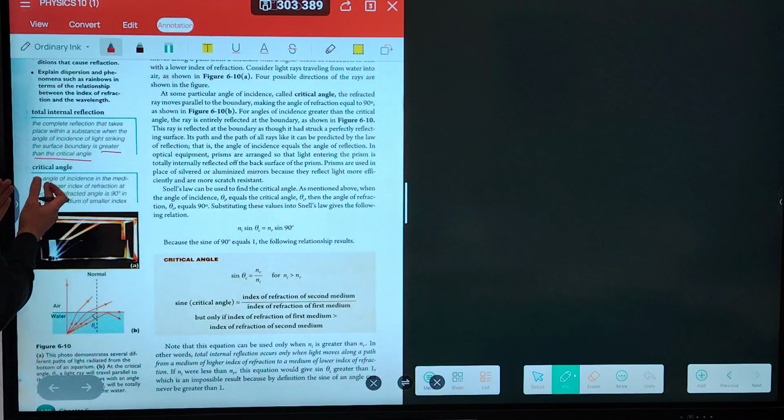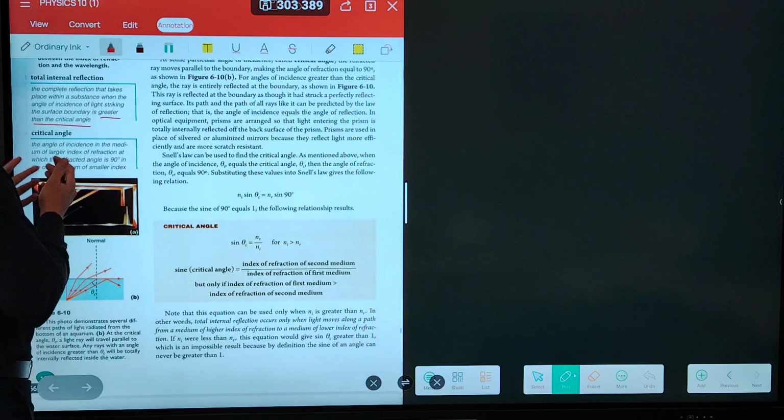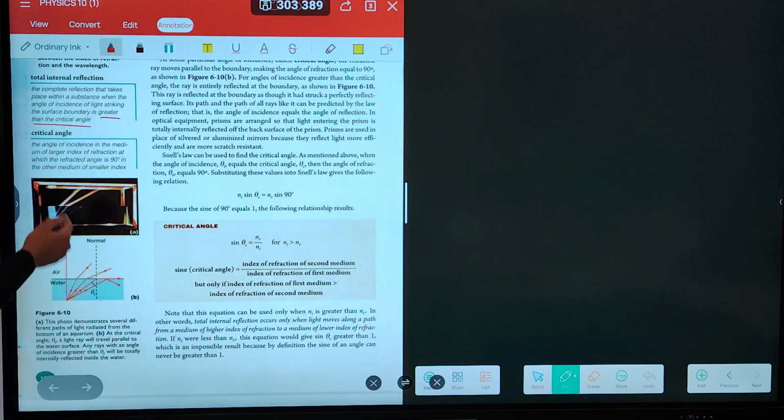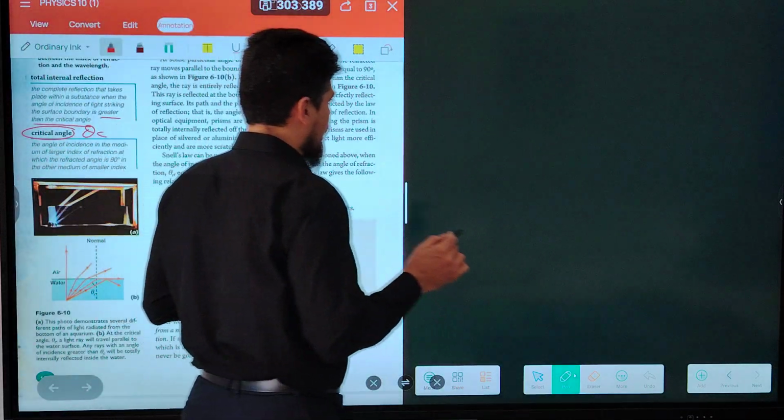So to understand total internal reflection, you have to understand the critical angle first. What is the critical angle, theta sub c? The angle of incidence in the medium of larger index of refraction at which the refracted angle is 90 degrees in the other medium of the smaller index.